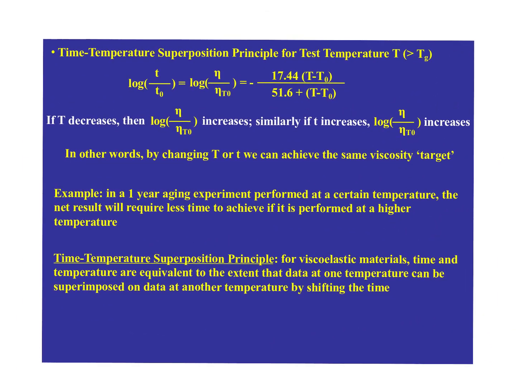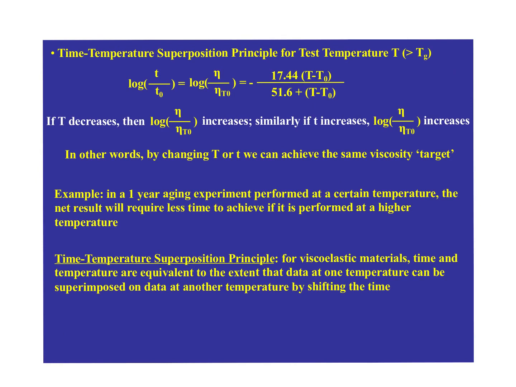And so we have what's called the time temperature superposition principle for the test temperature, T, which is greater than the glass transition temperature, and which is equal to those three expressions, or set equal to each other. It should make sense that if temperature decreases, then the log of these ratios will increase, because these values in the delta T are going to change substantially, and it turns out that the denominator is more dominating.